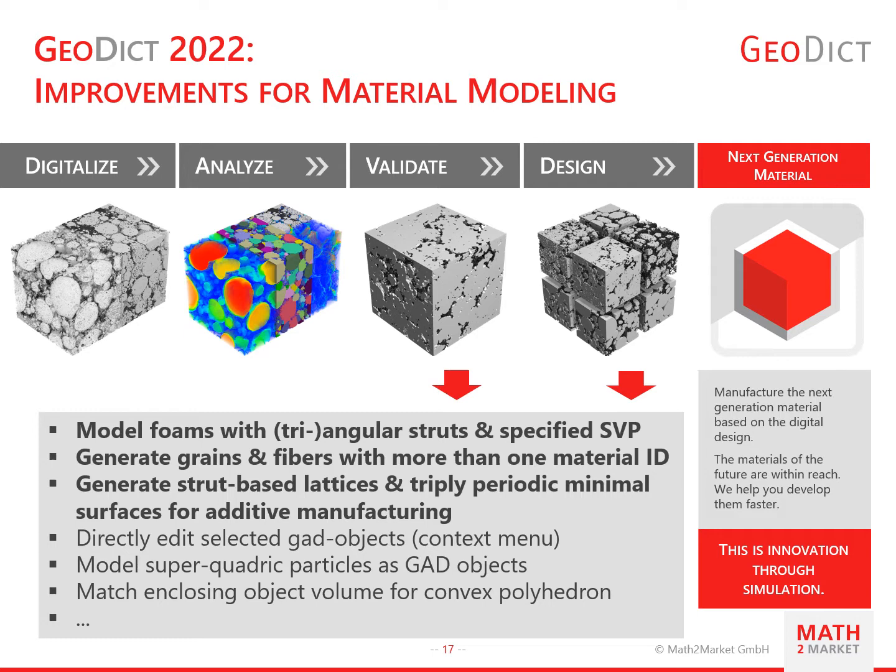It is possible to generate strut-based lattices and triply periodic minimal surfaces for additive manufacturing in GridGeo. One can directly edit selected GUT objects via the context menu in the visualization area. One can model superquadric particles as GUT objects. In the generation of convex polyhedra, one can match the enclosing object volumes.